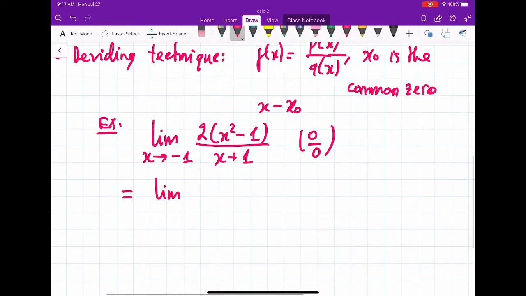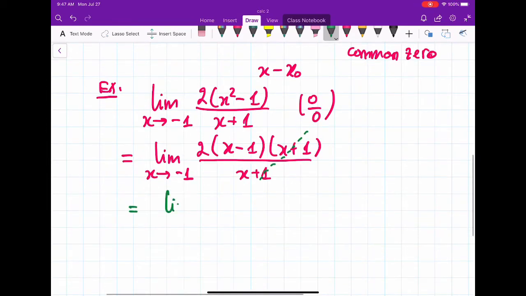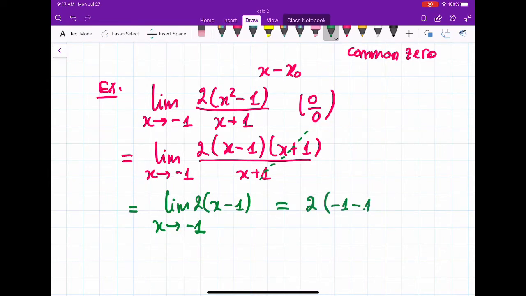You have the limit of 2 times x minus 1 times x plus 1, and in here you have x plus 1, x approaches negative 1. And now you can cancel this part. You get the limit of 2x minus 1 when x approaches negative 1. And then you plug negative 1 into the function, you got negative 4. So this is the dividing technique, right?